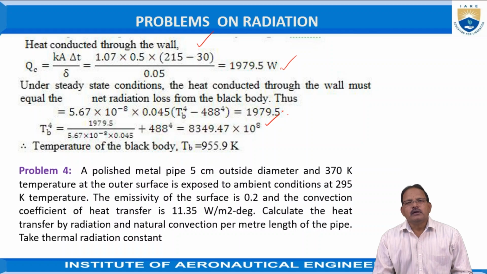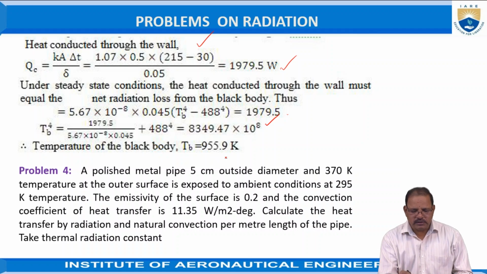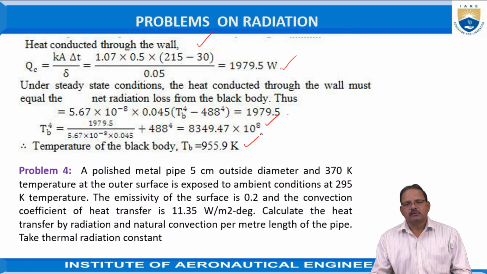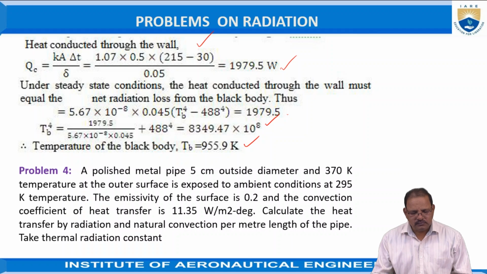So TB is the fourth root of 8349.47 into 10 to the power of 8, which is 955.9 degree Kelvin. This is the required answer.